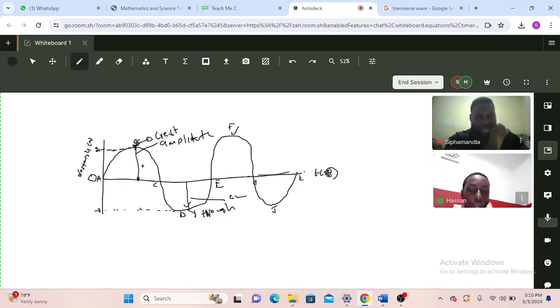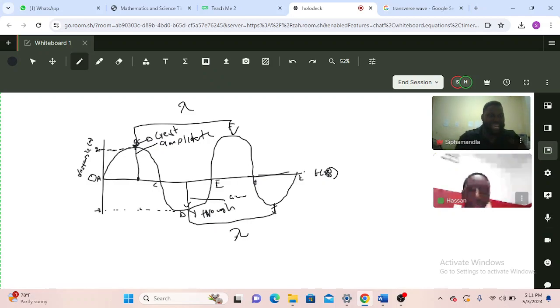Now, that's the first thing. Then the second thing is important in terms of labeling. The distance between the crest and the crest is called the wavelength. And the distance between the trough and the trough is also called the wavelength.